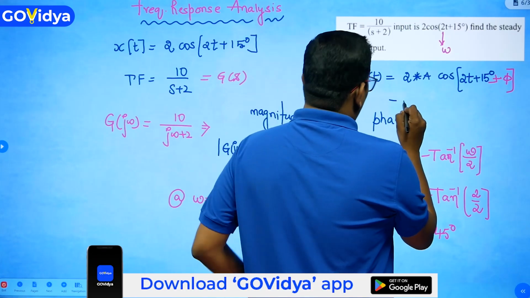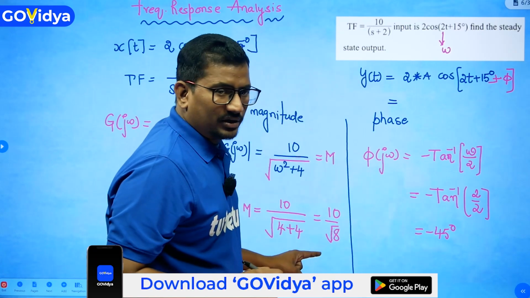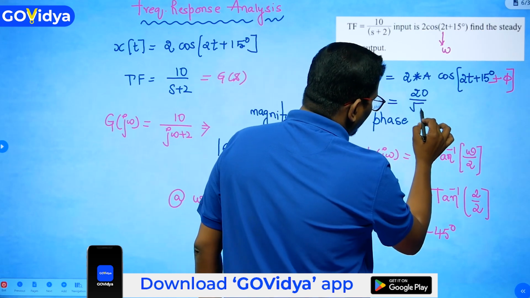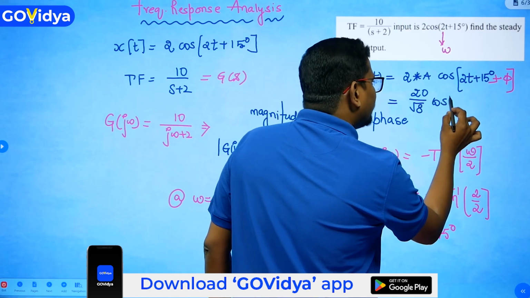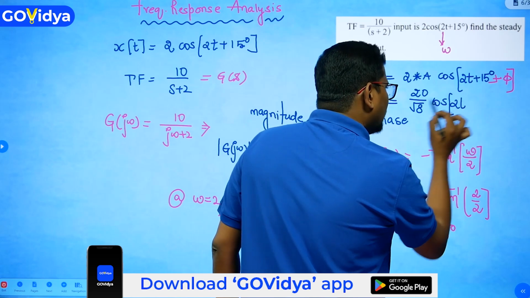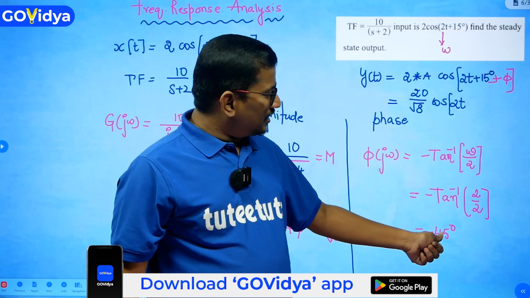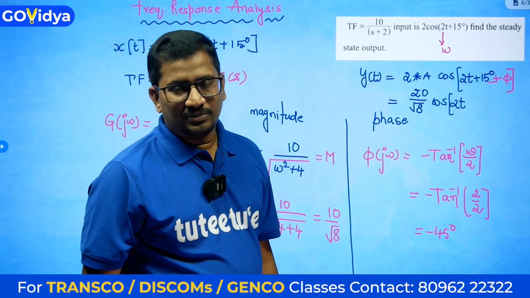So now you put 2 into 10 by root 8, which is nothing but 20 by root 8, cos of 2t, plus 15 and phi is minus 45. Minus 45 plus 15 is nothing but minus 30 degrees.